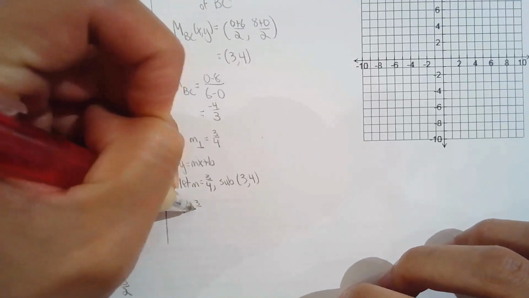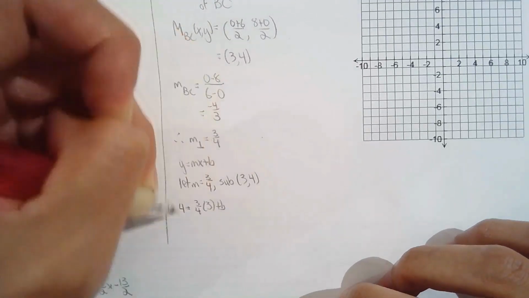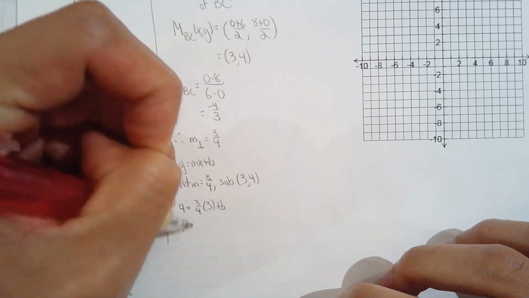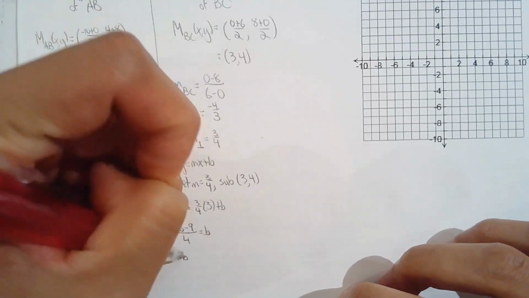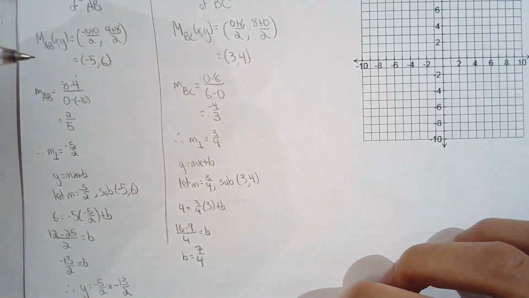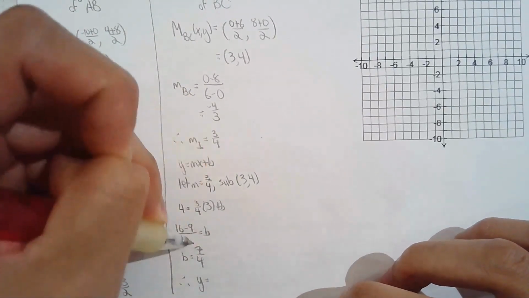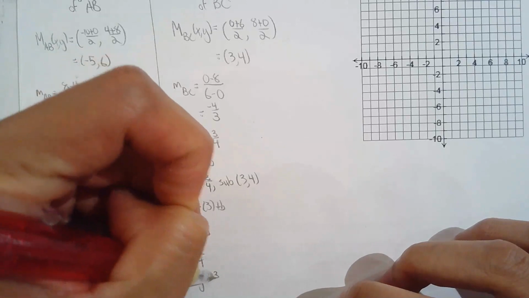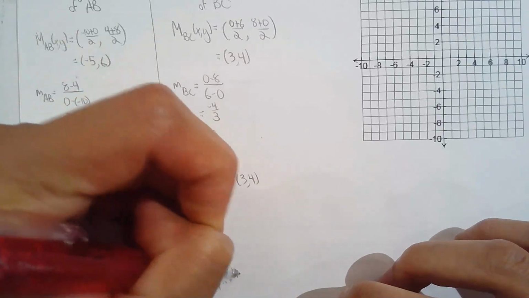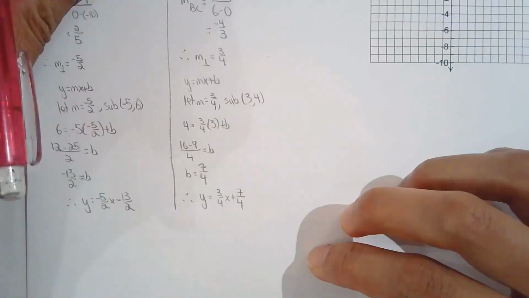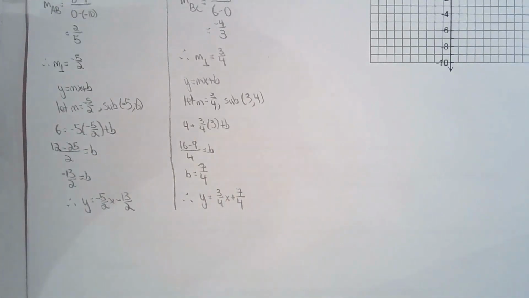That would be very sad. So 16 minus 9. So b is 7/4. Therefore, y equals 3/4 x plus 7/4. Whew. Okay, so we have the two right bisectors.